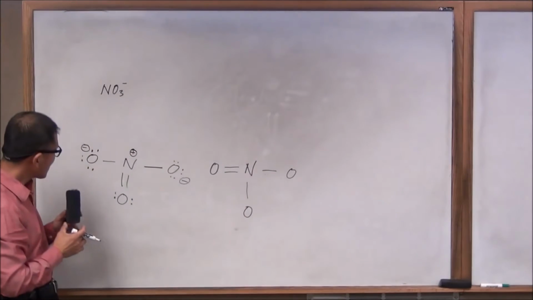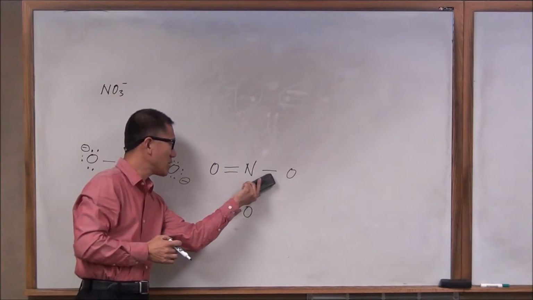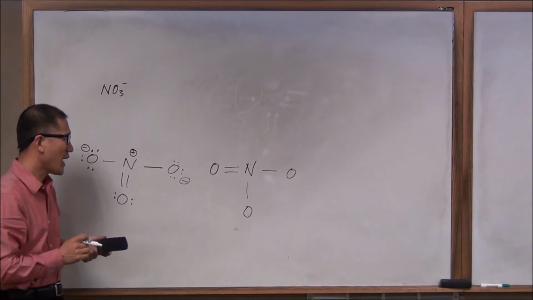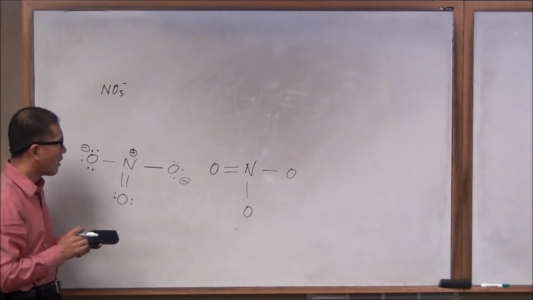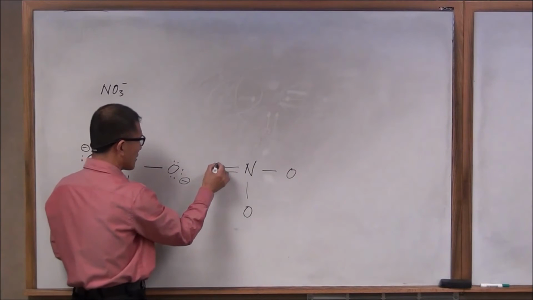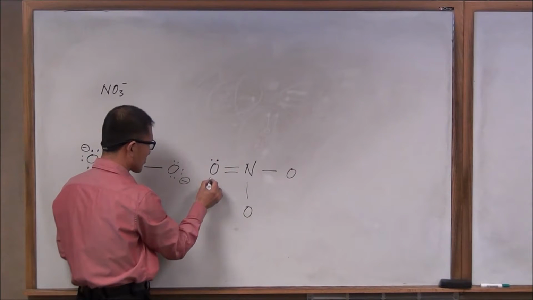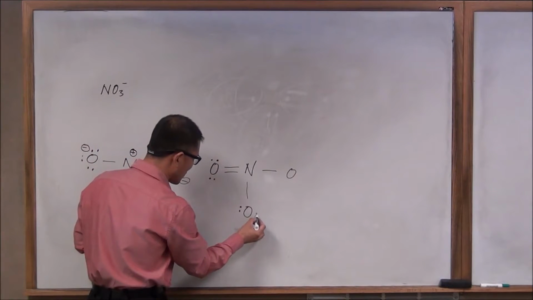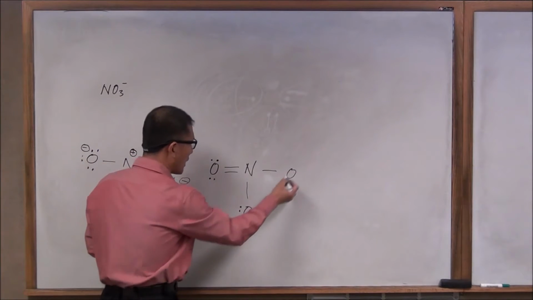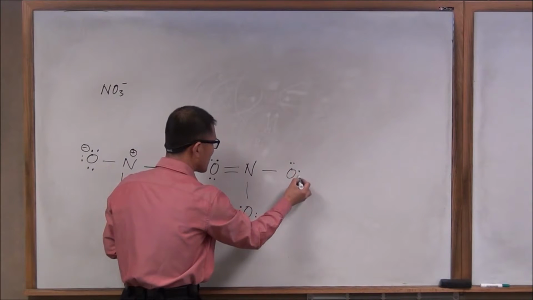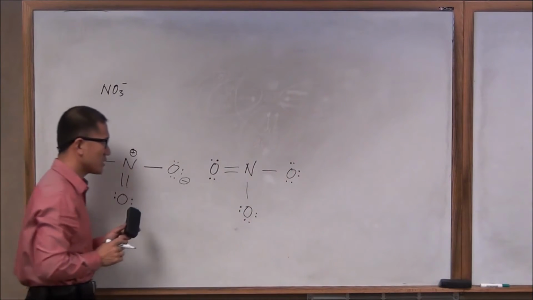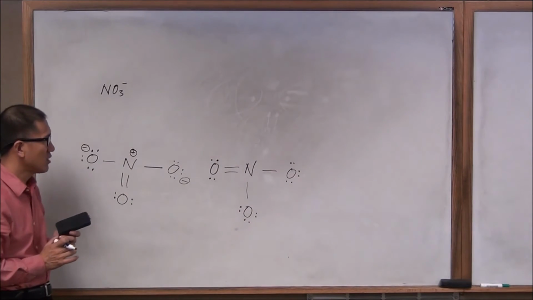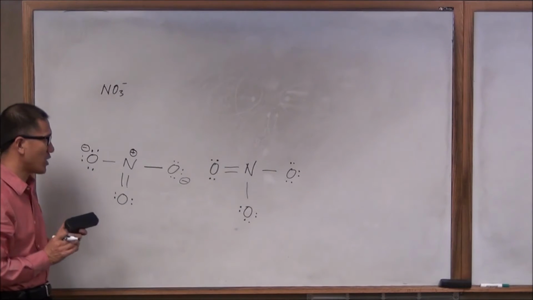And then the next step, what you're going to do is add additional electrons and make sure every atom gets the octet. So this one needs 4 more electrons. This one needs 6 more electrons. And this one needs 6 more electrons. And then the next step is we are going to calculate the formal charge for every atom in the structure.